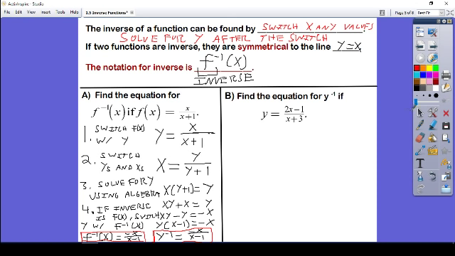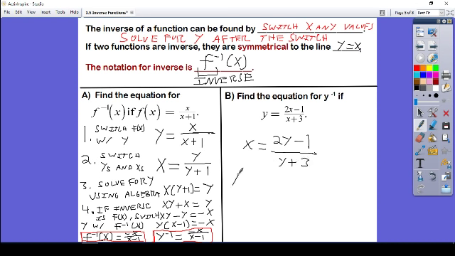All right, so let's solve this equation. y is equal to 2x minus 1 over x plus 3. Let's do this a little bit faster. x is equal to 2y minus 1 over y plus 3.